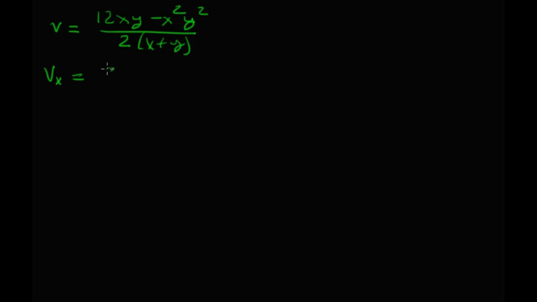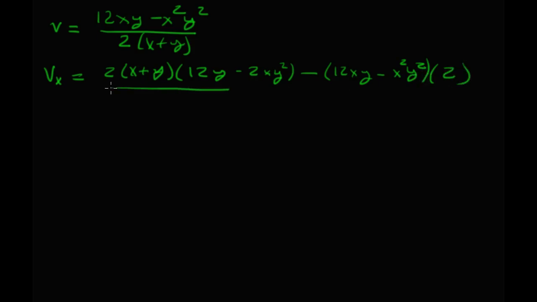I'm going to use the quotient rule here, so that's low times d high, which is going to give me 12y minus 2xy squared, and then minus high, so that's 12xy minus x squared y squared, d low, which just works out to be 2, all over low squared, which is 4 times the quantity x plus y squared, right?